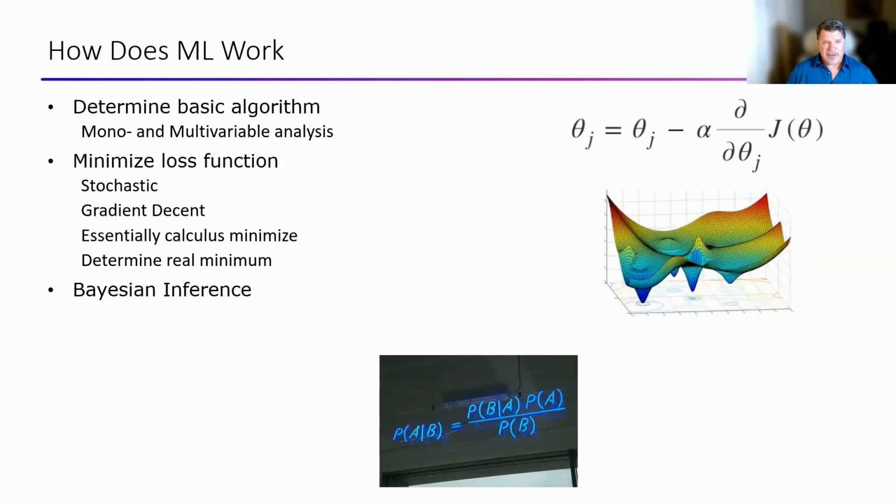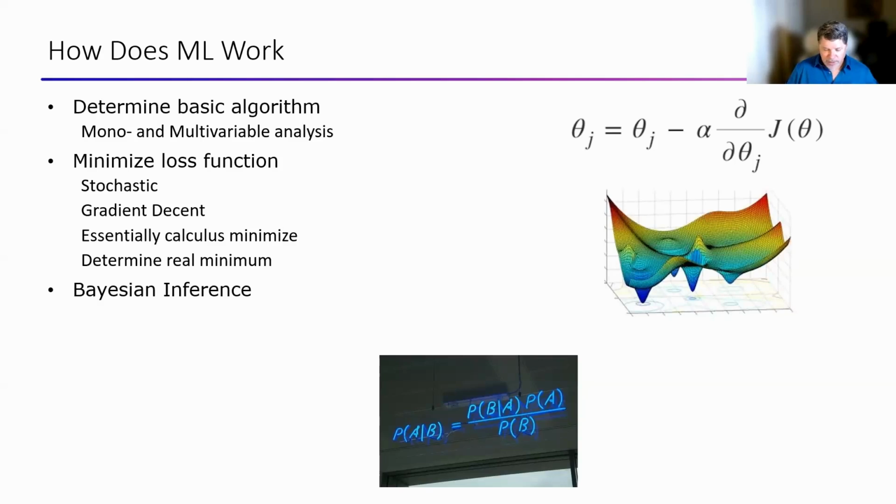A lot of the machine learning today uses multivariable analysis, especially things like the large language models. They're using an extreme number of variables in their data. But the basic algorithms use one or two variables to set the model.